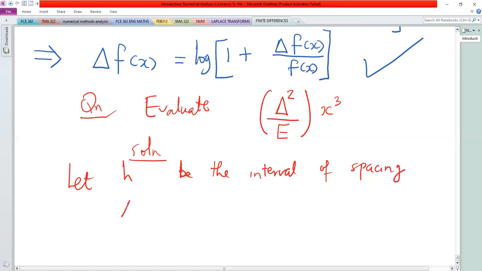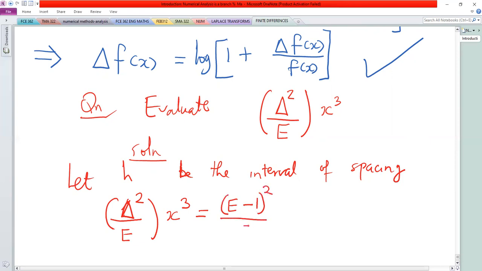So then it implies that the second forward over the shift of this function x cubed will be, now write this one as forward in terms of shift. So shift minus 1 squared divided by shift. And then this one we apply to x power 3.